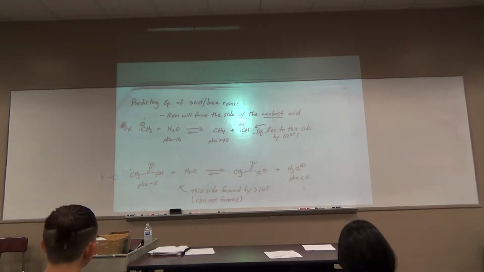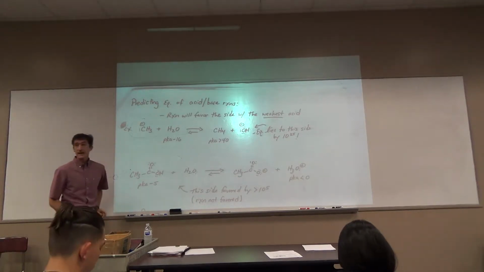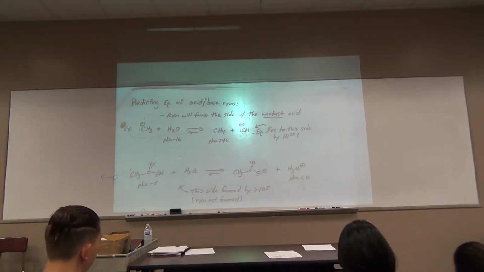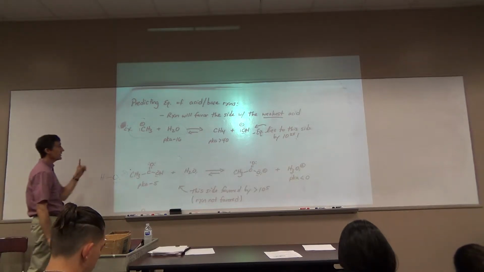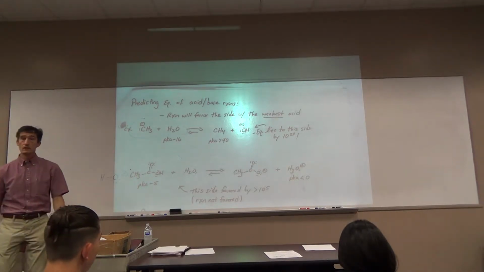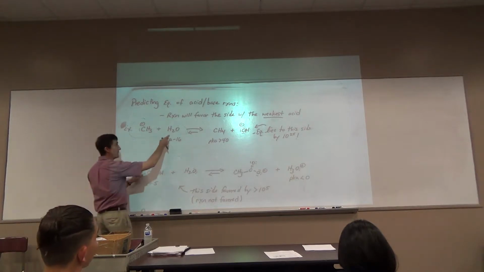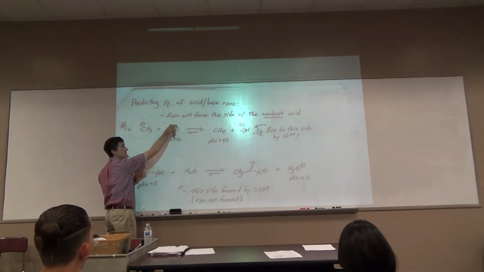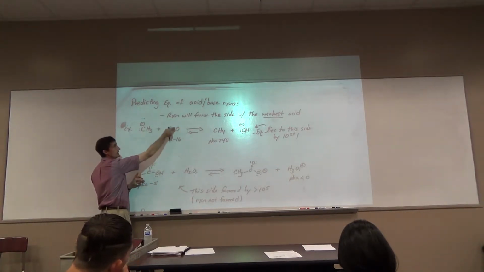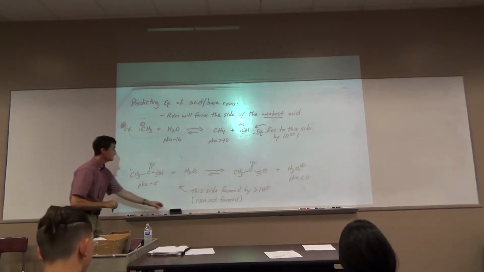Yeah, carbon doesn't like being negative because it's not that electronegative. F likes being negative more. There's your strongest base. What's your strongest acid in the circle? An H on a carbon or H on oxygen? Well, we talked about that, right? You'd rather have a minus on oxygen, so it's going to be more served as the acid. So that looks like the base, that looks like the acid.